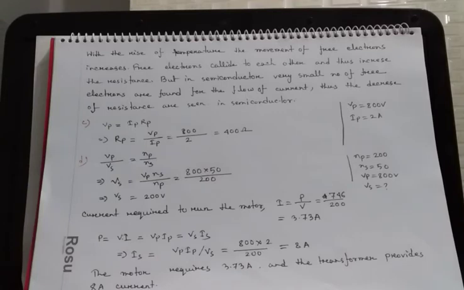That means the voltage generated by the transformer will run the motor. So is the transformer capable of running this motor or not? This is our question. For that we have to determine the current required to run the motor, and at the same time determine the current generated by the secondary winding.